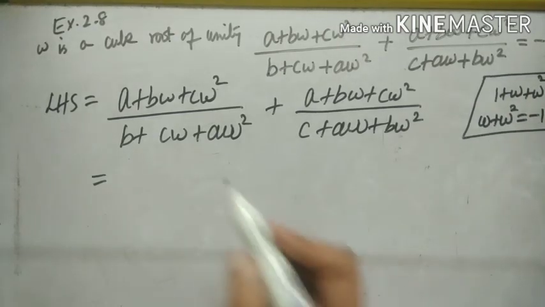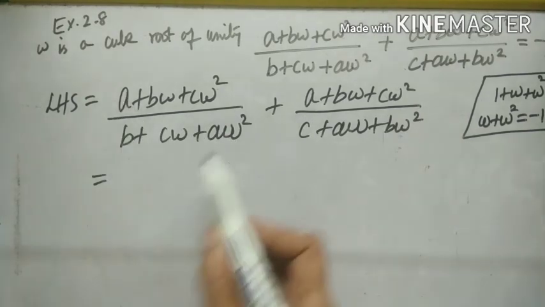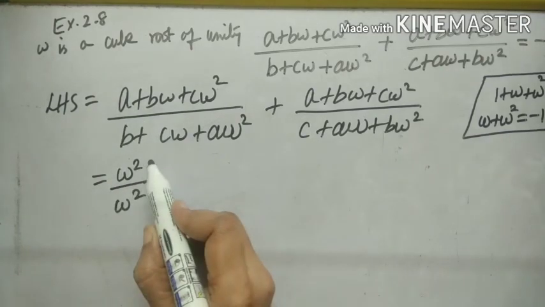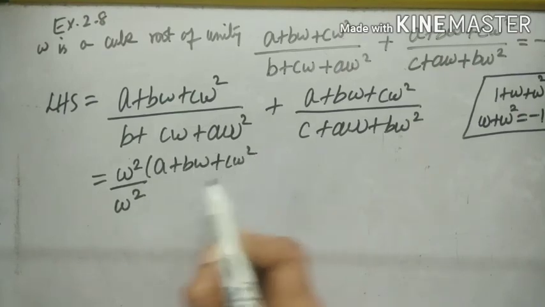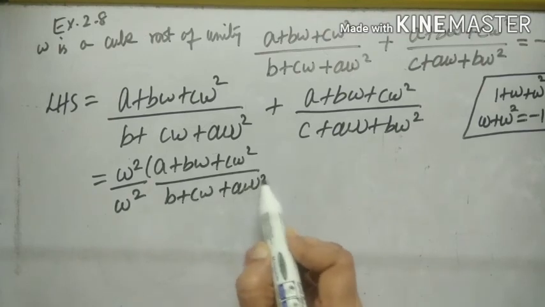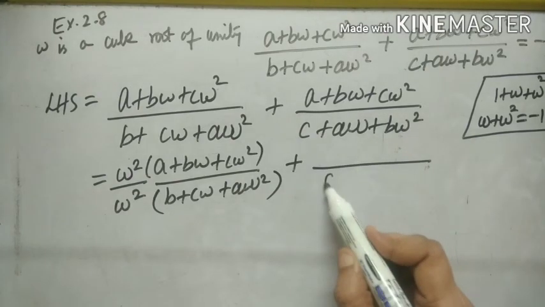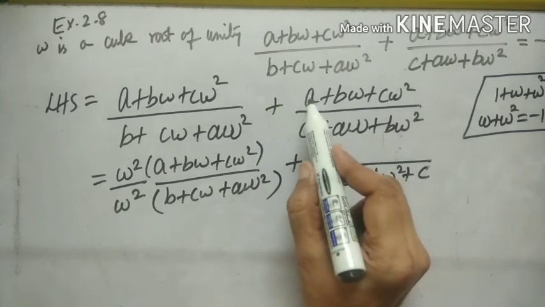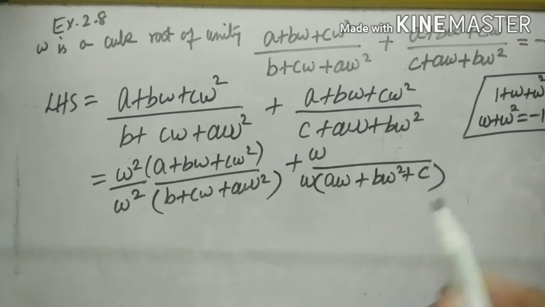So what shall we do? In the first denominator, the term is A omega square. So numerator multiply by omega square and divide by omega square. When I multiply, I get (A plus B omega plus C omega square) divided by (B plus C omega plus A omega square), plus, here the denominator is A omega plus B omega square plus C. Numerator is only A. So what do I do? Multiply by omega and divide by omega.